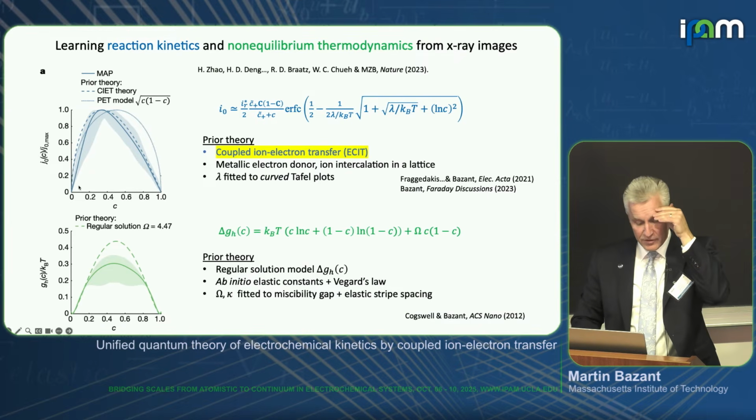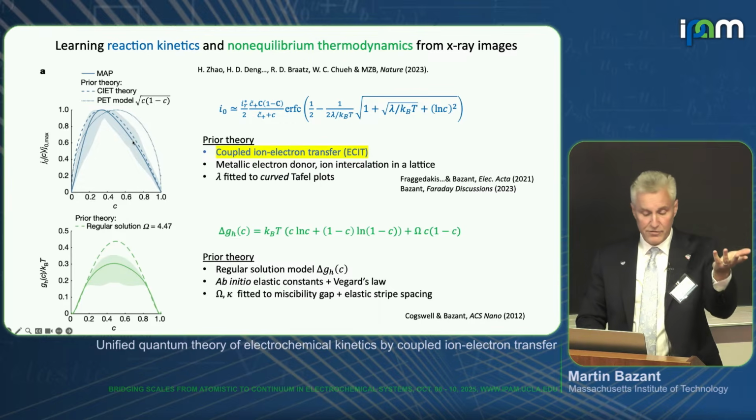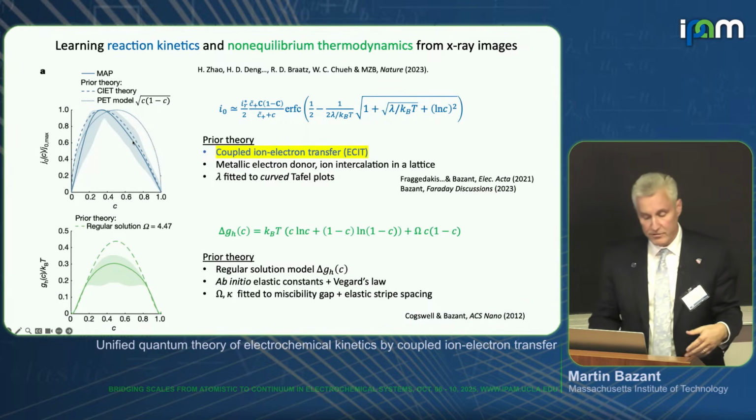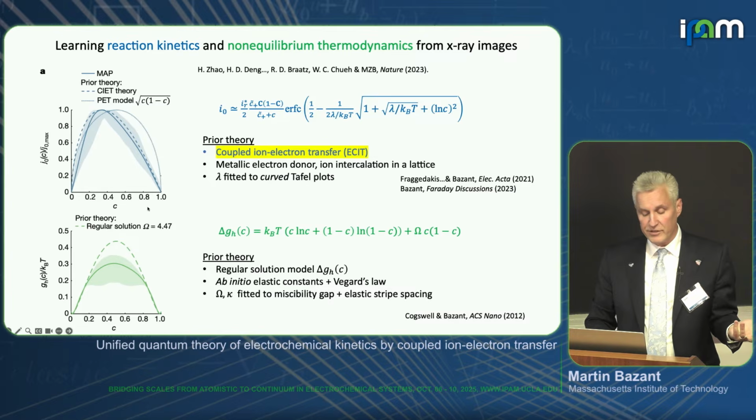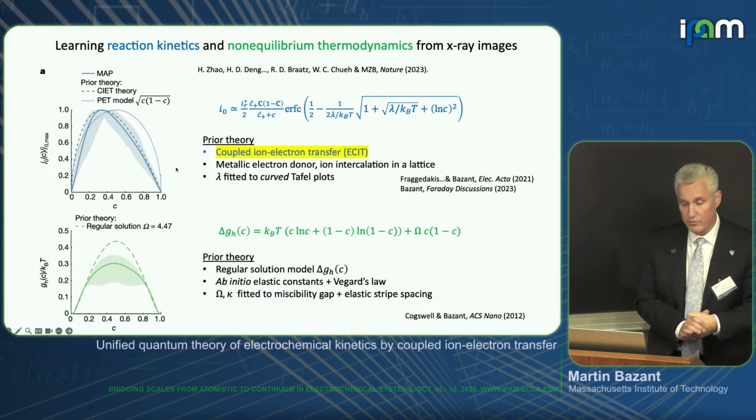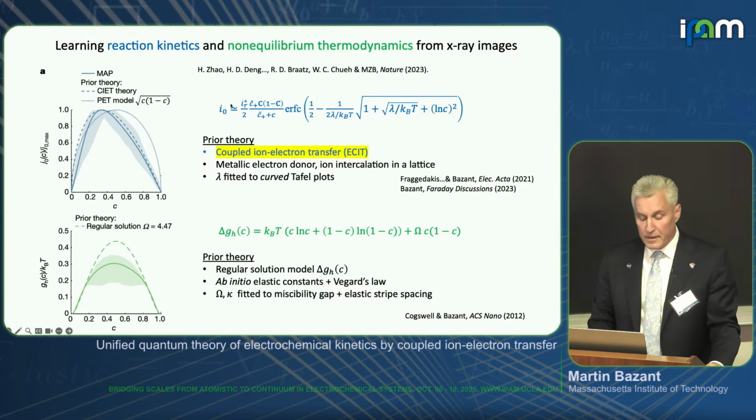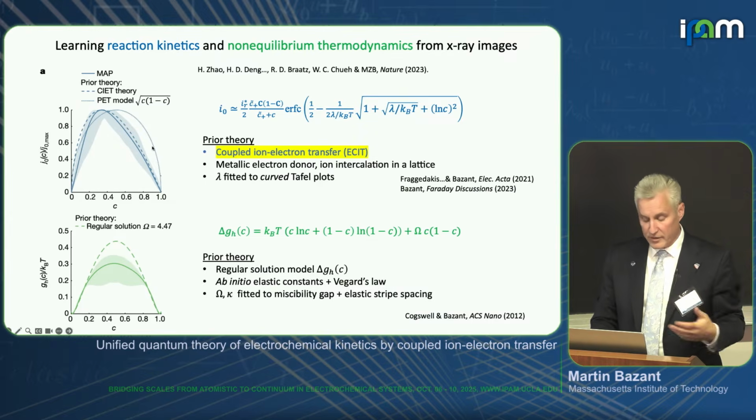The shape of this curve is the dashed line, and the black is the average that came out of the learning from the images. It's a pretty good fit, and it's different from what everyone uses in the battery field, which is the square root of C(1 minus C), which is quite different near 1, and has certain implications for dynamics of batteries. But anyway, this is at least one nice confirmation.